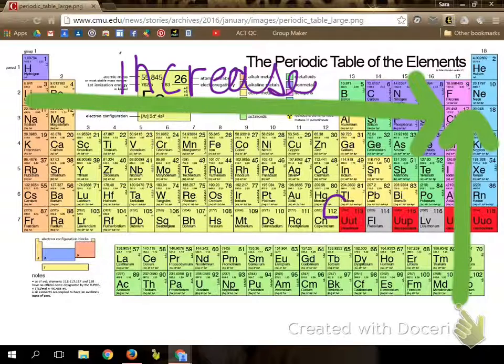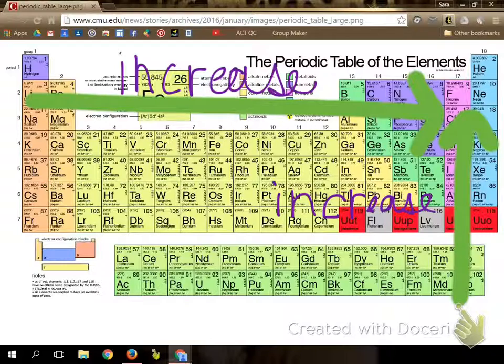So increase and increase. Okay, so that's pointing right to fluorine. It has the highest ionization energy. It does not want to give up an electron.